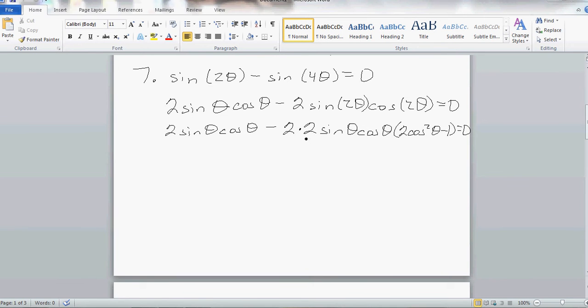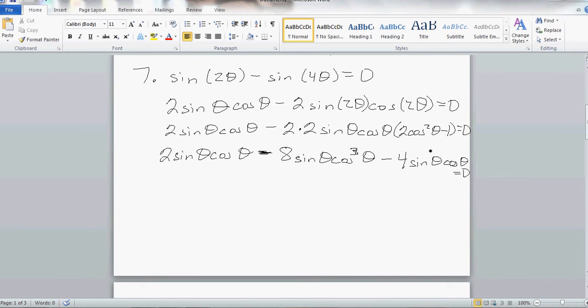Well, taking this expression here and distributing it to this, we get 2 sine theta cosine theta minus 8 sine theta cosine cubed theta minus 4 sine theta cosine theta, still all equals 0.